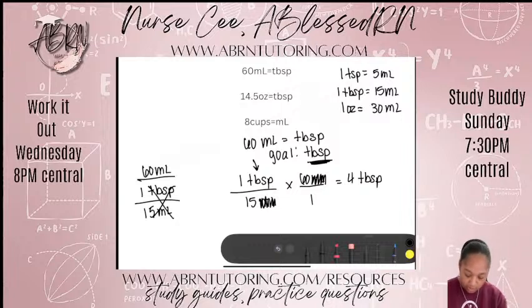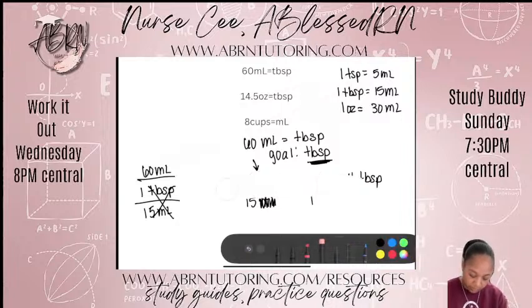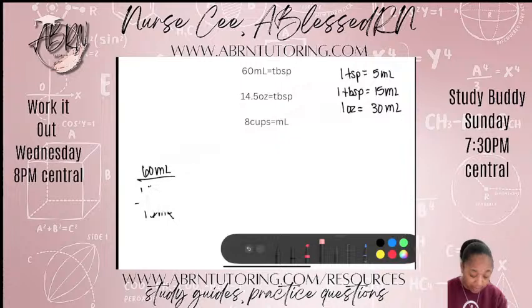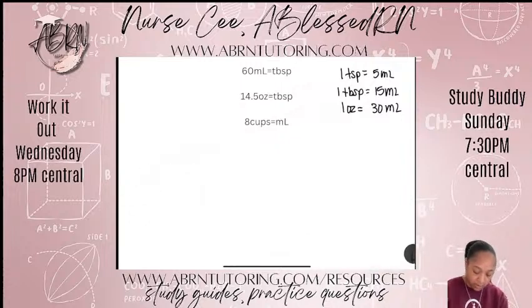All right, so let's do the second one. We're going to do all of our problems tonight with the same method, the puzzle pieces. So our goal for 14.5 ounces to tablespoons is, again, tablespoons.